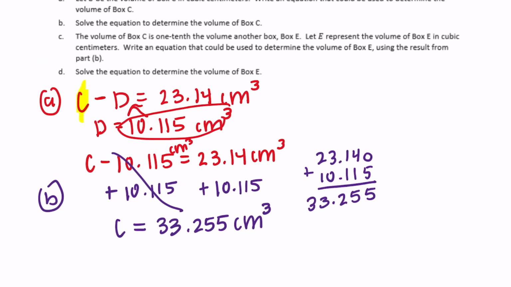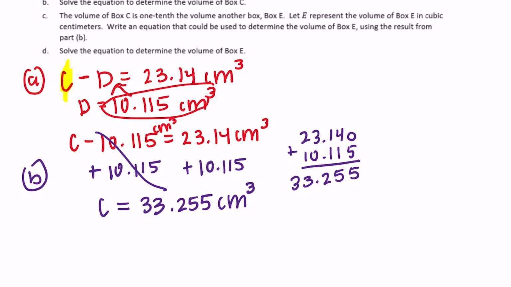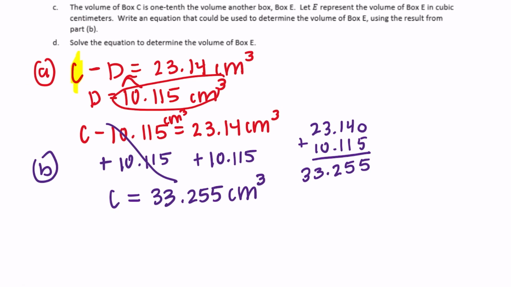All right, C. The volume of box C is 1/10 the volume of another box, E. So box C is 1/10 of box E. Let E represent the volume of box E in cubic centimeters.